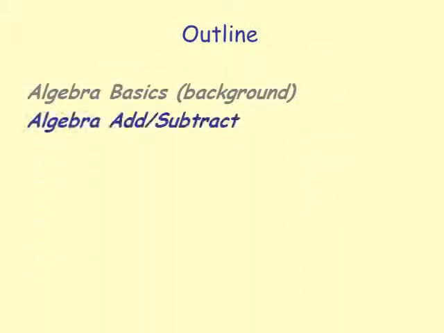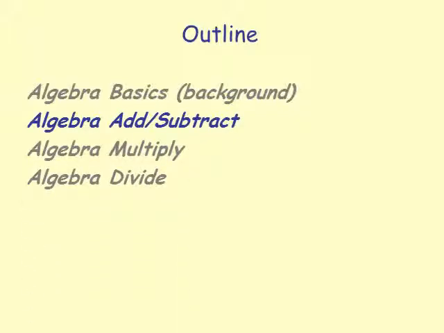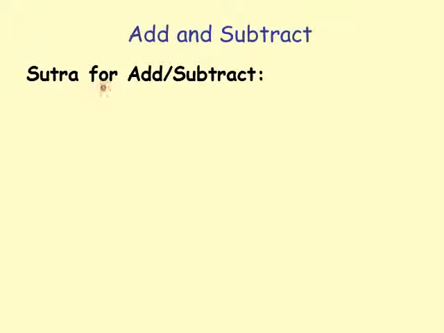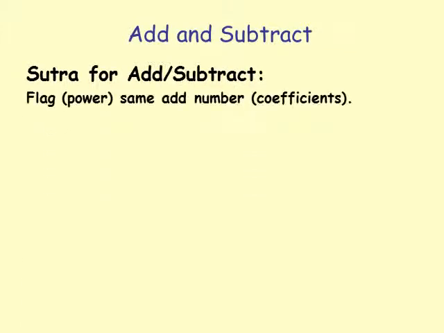Now we are on the add and subtract section. The sutras for add and subtract: if the flag or power is the same, we can add the numbers, which are the coefficients.